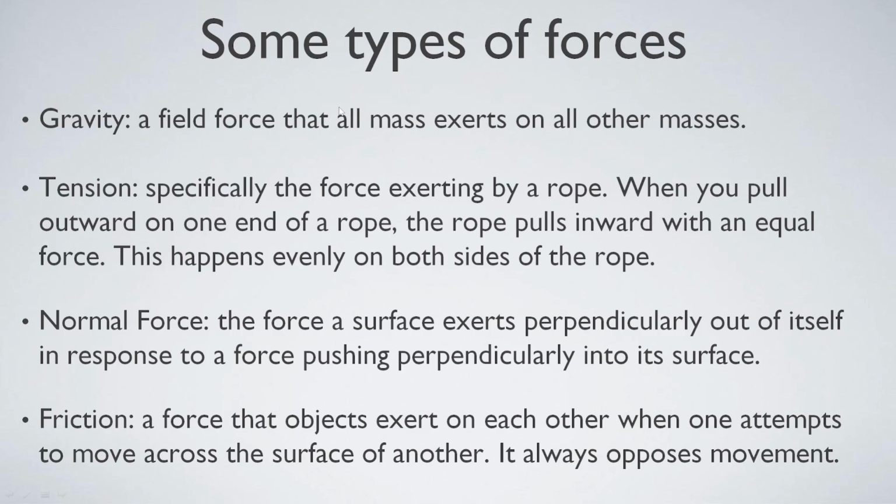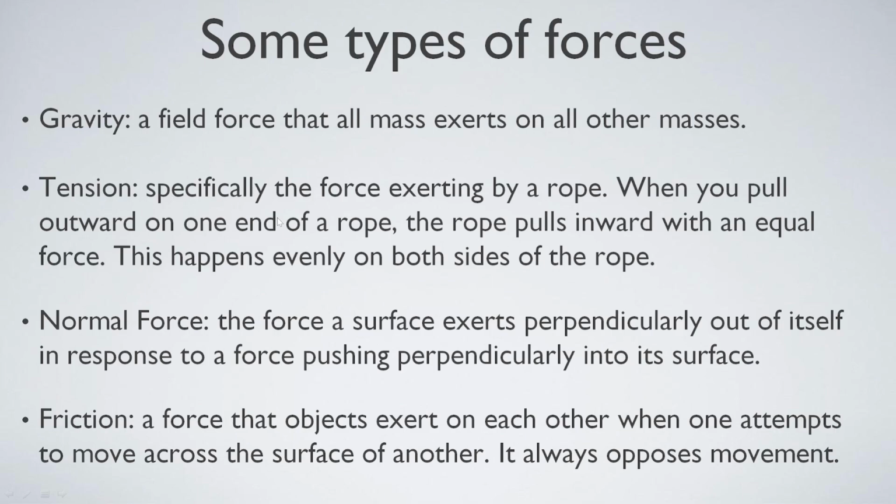And when I call gravity a field force, what I mean is a field force does not require direct contact. Things like tension, normal force, and friction all require objects to be touching in order to push on each other. But gravity doesn't need that. Gravity happens if you're touching Earth's surface or you're not. So it's just another part of the vocab word.